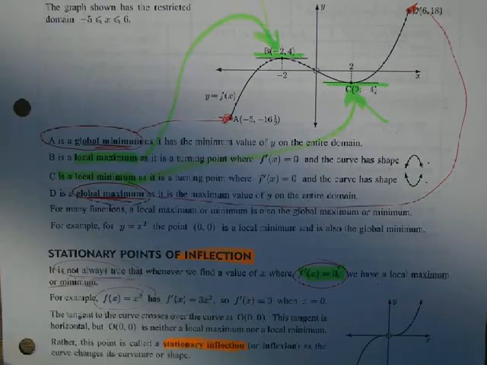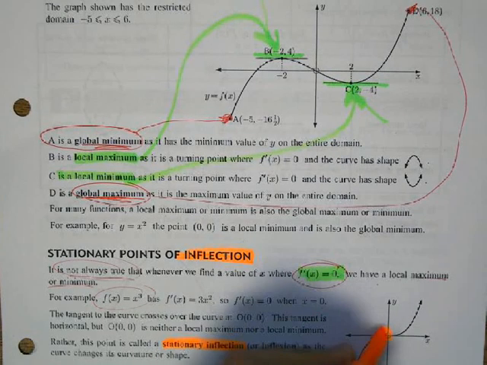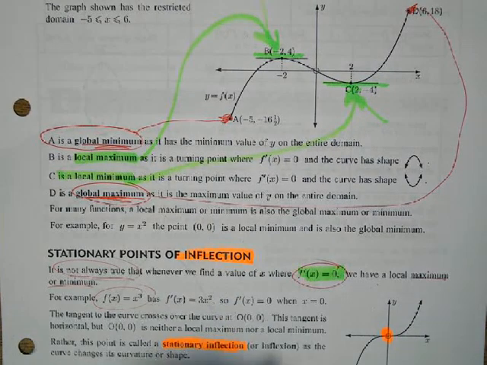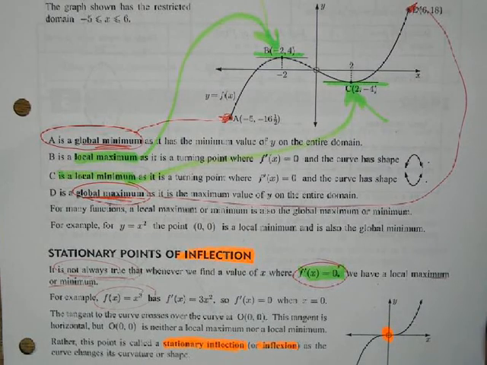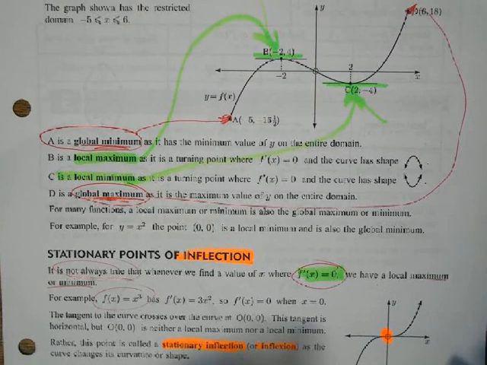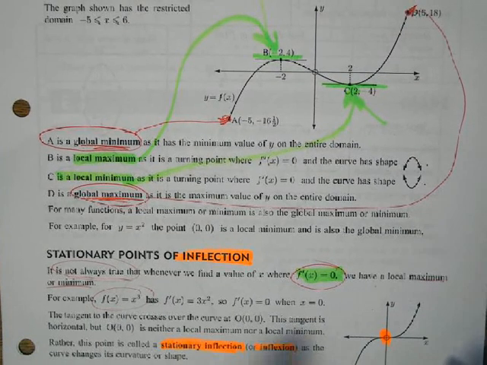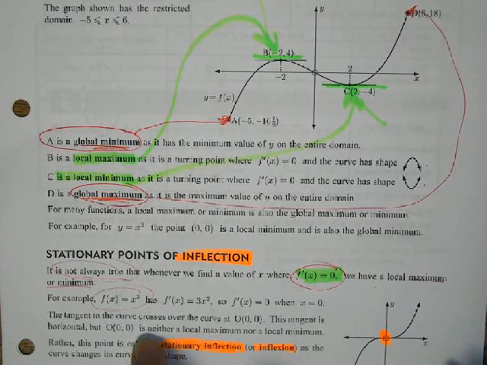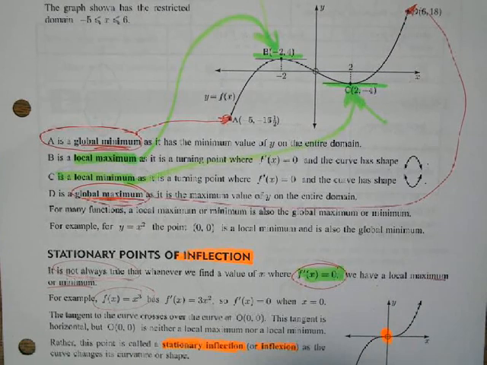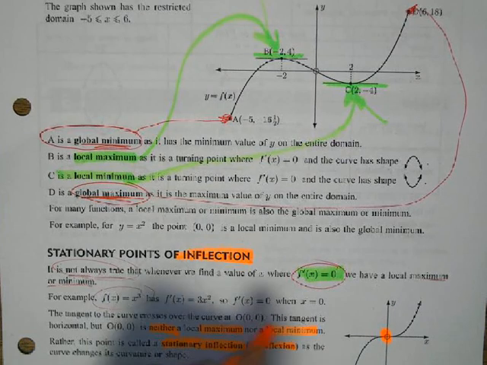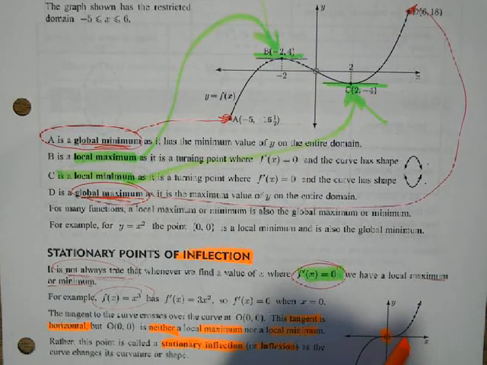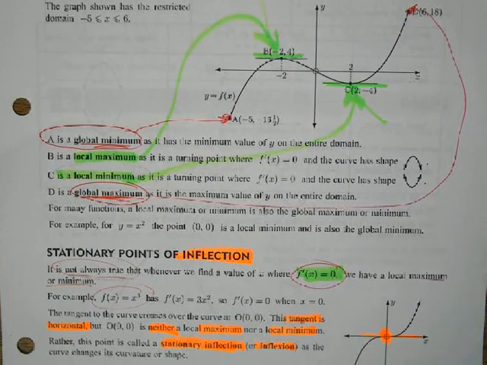It's right here, a stationary inflection point, or it's just an inflection. We'll be talking more on this. This tangent is horizontal at 0, 0, but it's neither a maximum nor a minimum. But it does have a horizontal tangent.